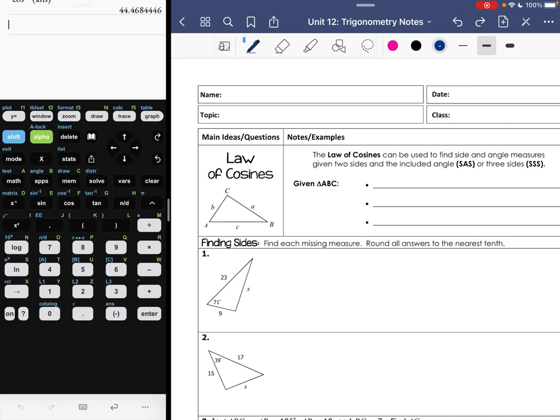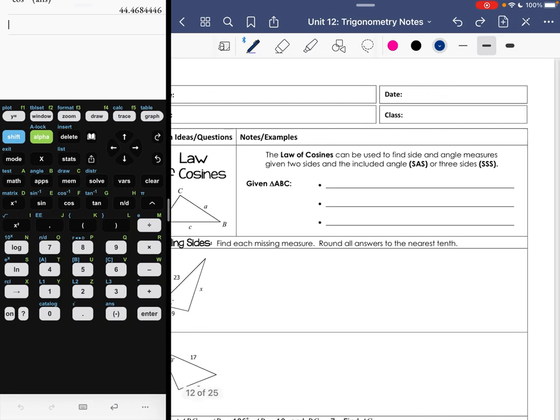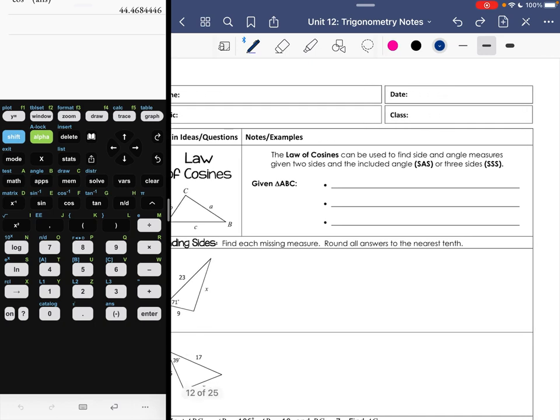So there are basically three formulas for finding things using the law of cosines, but it is the same formula over and over. So based on what you're trying to find is just the one you're going to use.